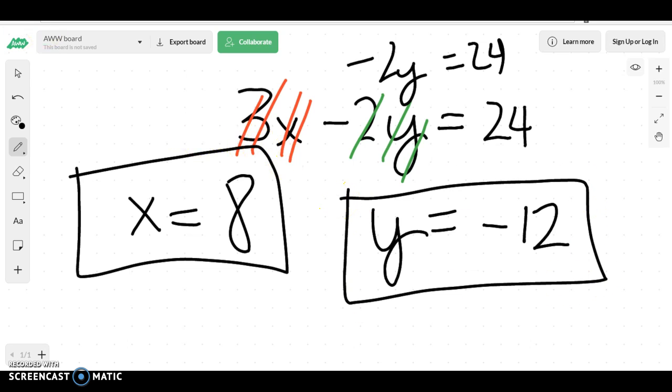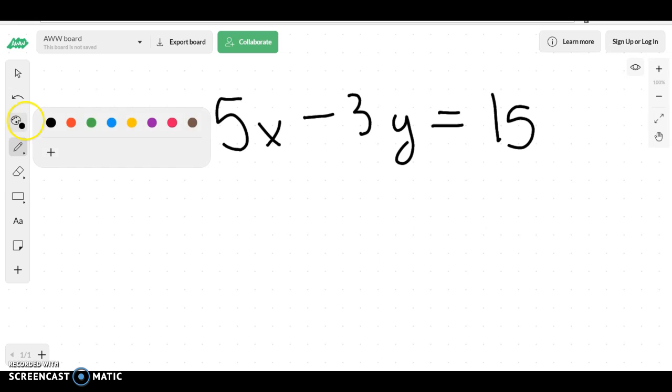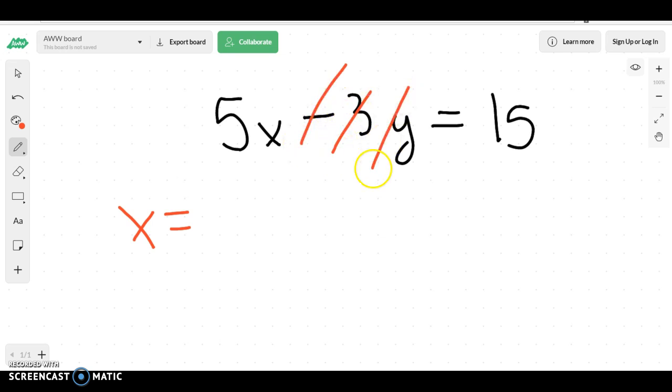Let's try another one. This is our last example, so if you're still stuck after this, please raise your hand and ask, because I won't be doing any more examples in the video, and you really need to know how to do this for the quiz. What I need to know is my x-intercept, and I can find that by covering up this y value, because I know an x-intercept has no y value.